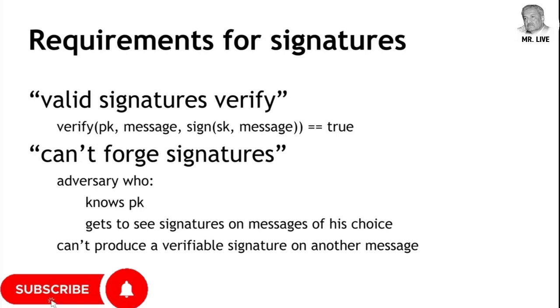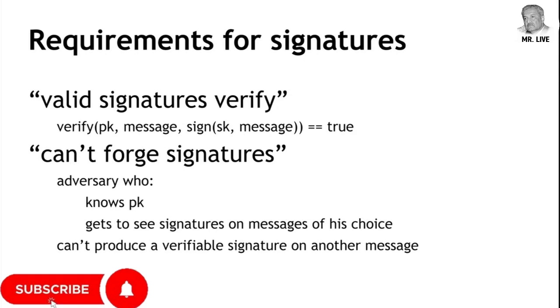Okay, so the requirements for the signatures at a slightly more technical level are the following two requirements. First of all, valid signatures will verify. If a signature is valid, that is, if I sign a message with SK, with my secret key, and someone then later tries to validate that using my public key and the same message, that will validate correctly.